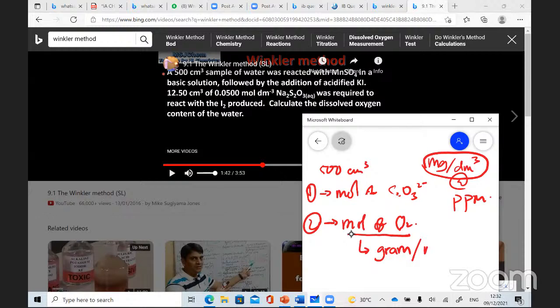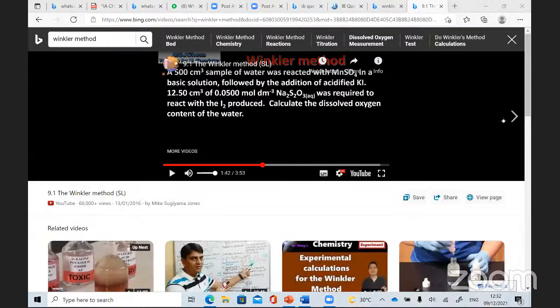So the mass must be in the milligram. So the mass in milligram, and then the dissolved oxygen content is milligram over 500 cm cube. Okay, ini dia punya step. Let's see dia punya calculation.